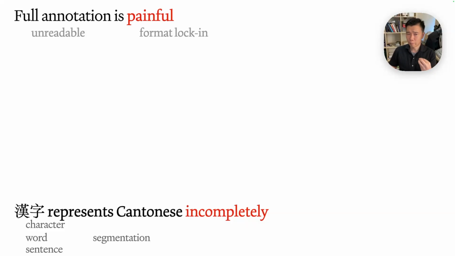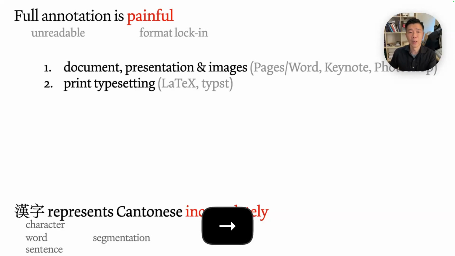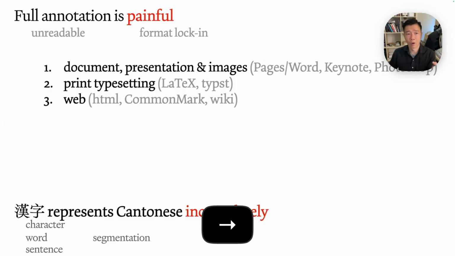We may want to prepare multimedia for documentation, presentation, images. We want to use them in Pages, in Word, in Keynote, in Photoshop, in Illustrator. Maybe we want to do print typesetting with a markup language like LaTeX or Typst. Maybe we want to use the Jyutping on web, HTML, CommonMark, wiki format.